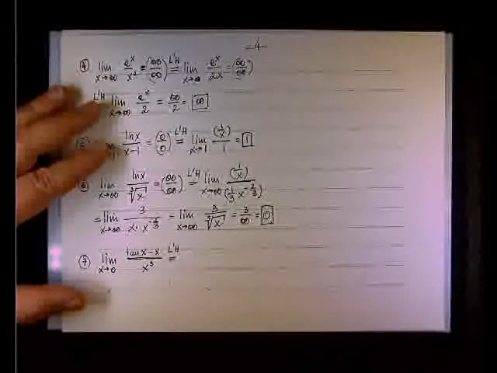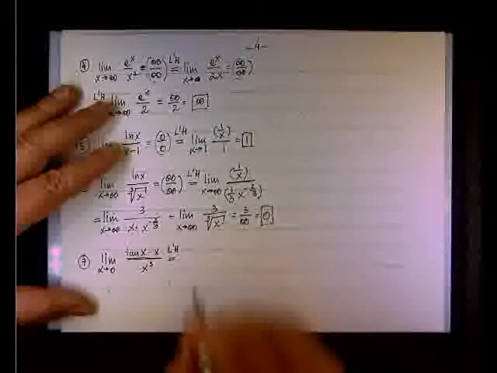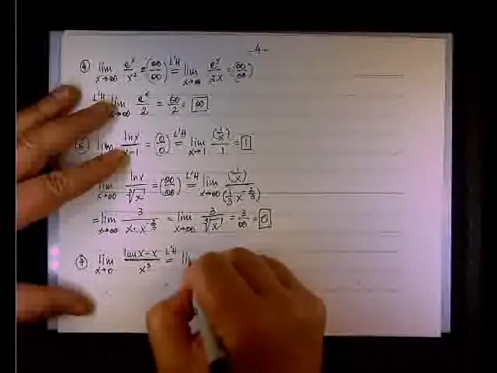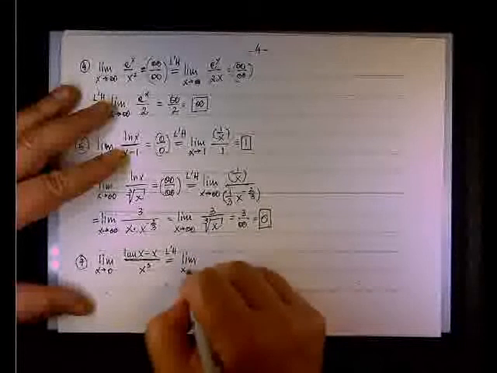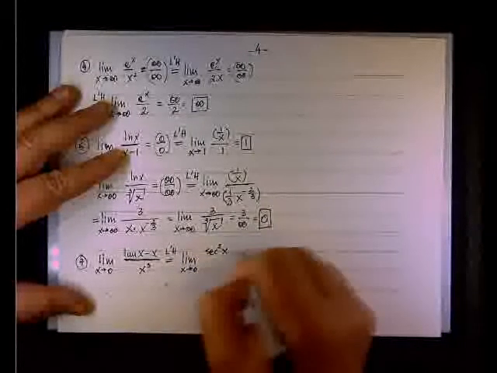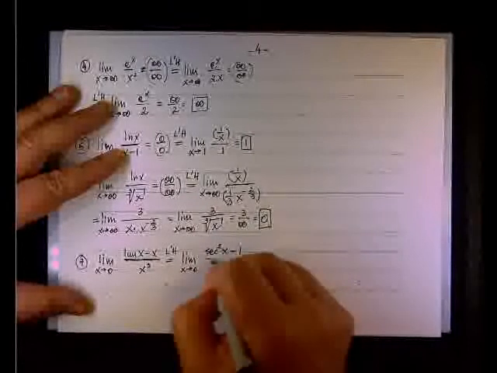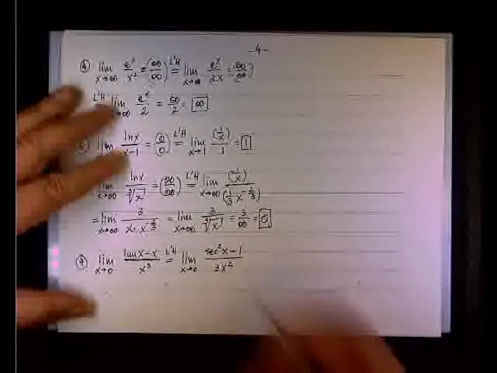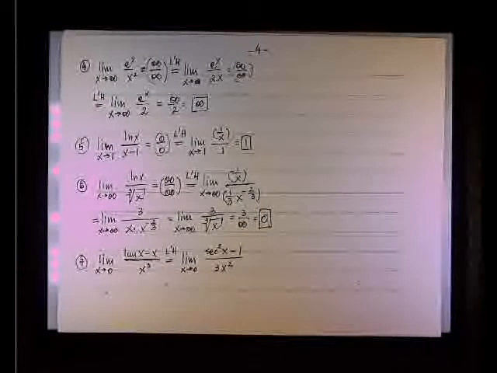So my claim is it's qualified for L'Hopital, and therefore I'll take the derivative. We know the derivative of the tangent is the secant squared, the derivative of x is 1, and the derivative of x cubed is 3x squared. So I'm looking at secant squared x minus 1, and I'm looking for a way to simplify it.